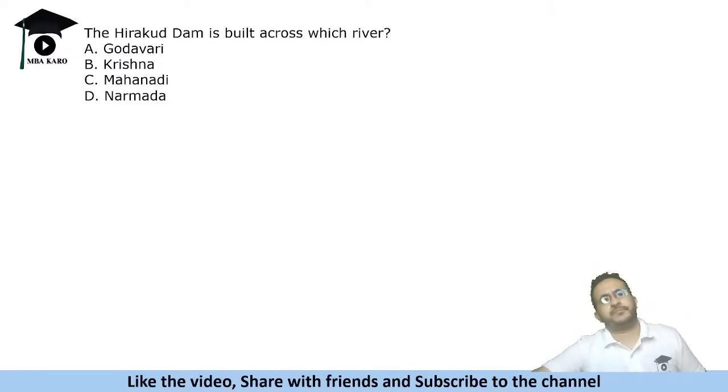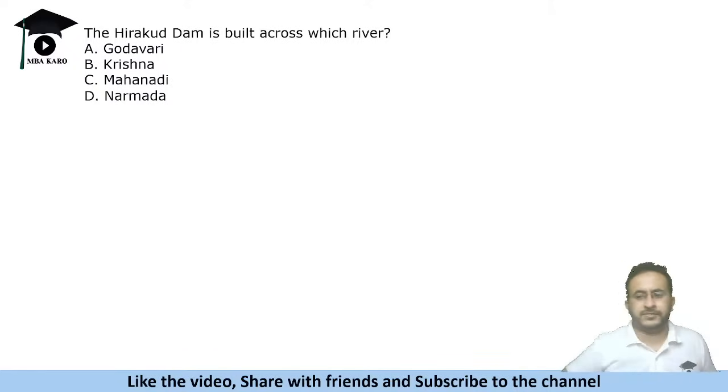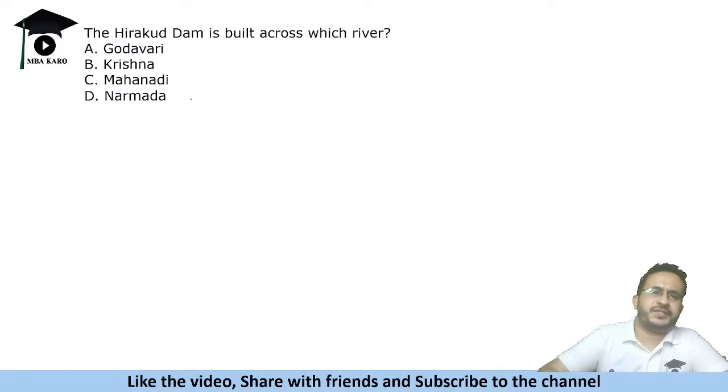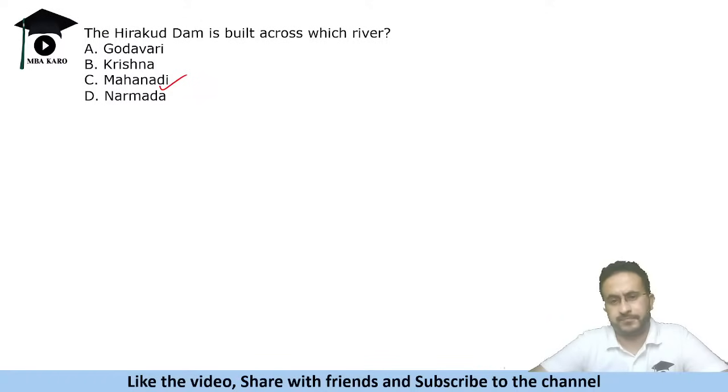Hirakud Dam. So dams, when I talk about geography, dams, rivers, lakes, all these things you should know. Okay, so Hirakud Dam is on river Mahanadi. Yes, it is in Odisha.